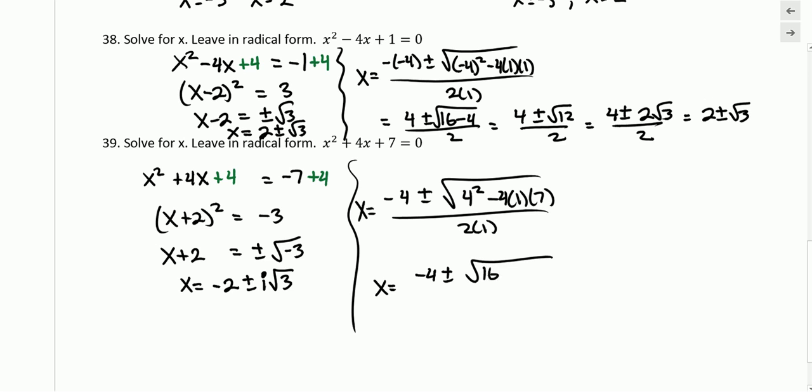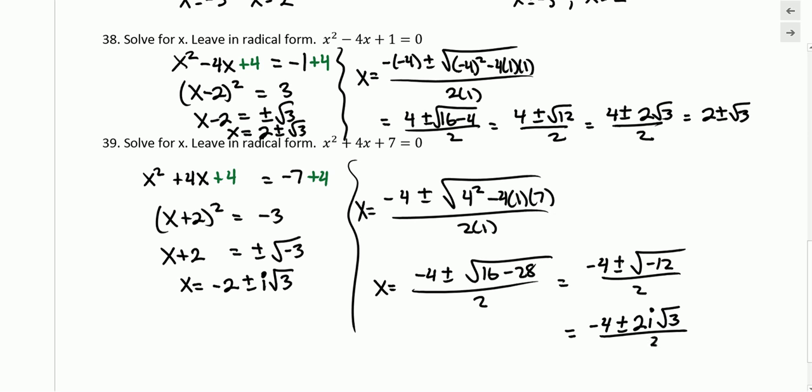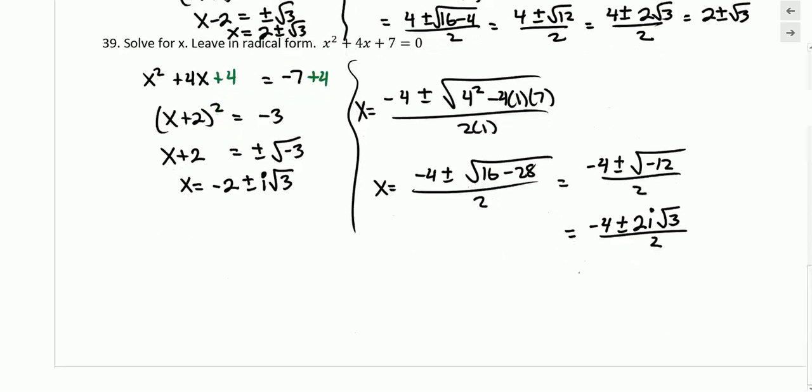It's going to be 16 minus 28, which is -12. The square root of 12 is 2 root 3, but we have the negative, so it's going to be 2i root 3 over 2, and then divide by 2 to get -2 plus or minus i root 3.